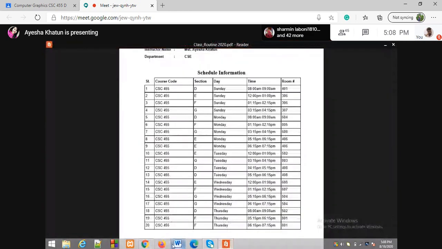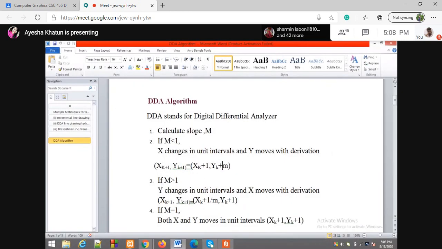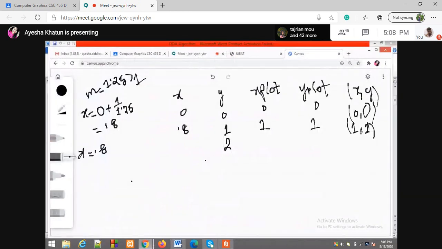We know the value of 1 by m is 0.8, right? So 0.8 plus 0.8 we get 1.6. That means we will take this one as 2, this one as 2, so we will get 2 and 2.